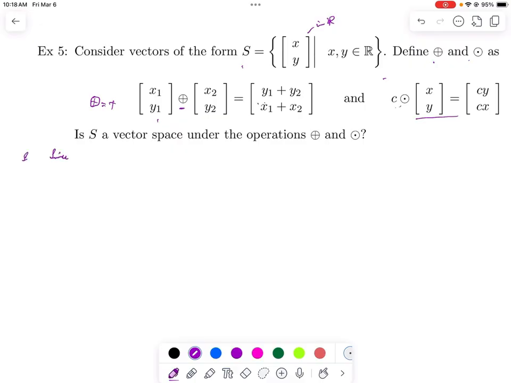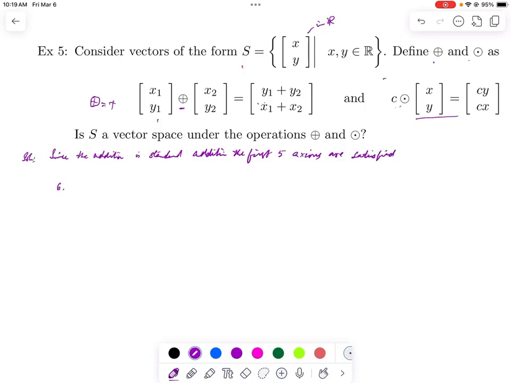So this is your solution. Since the addition is standard addition, the first 5 axioms are satisfied. So we start with the 6th axiom.